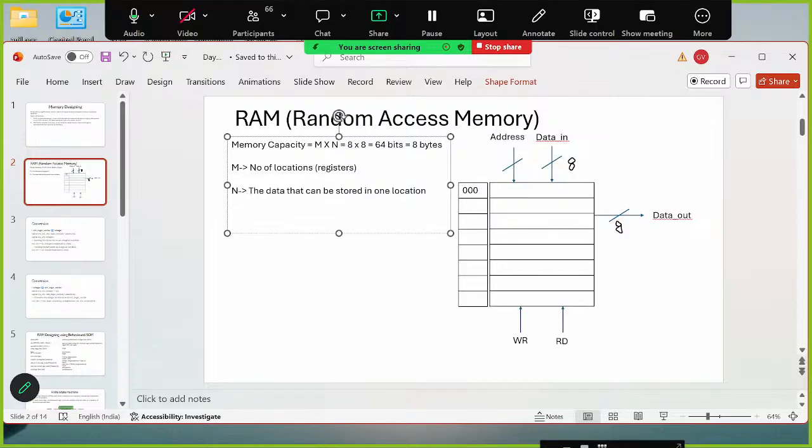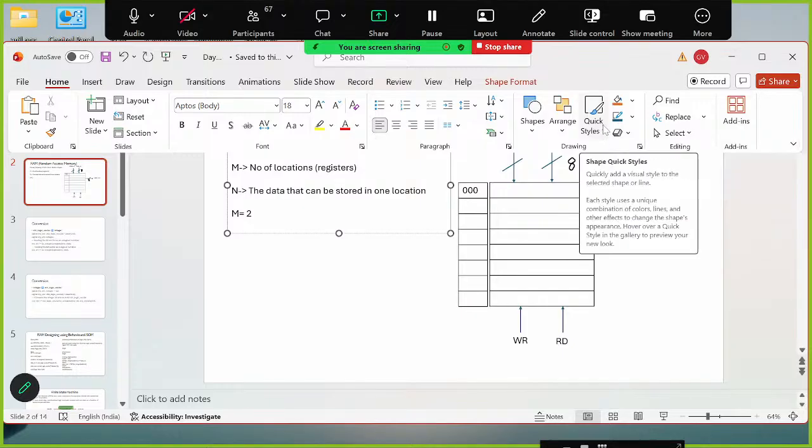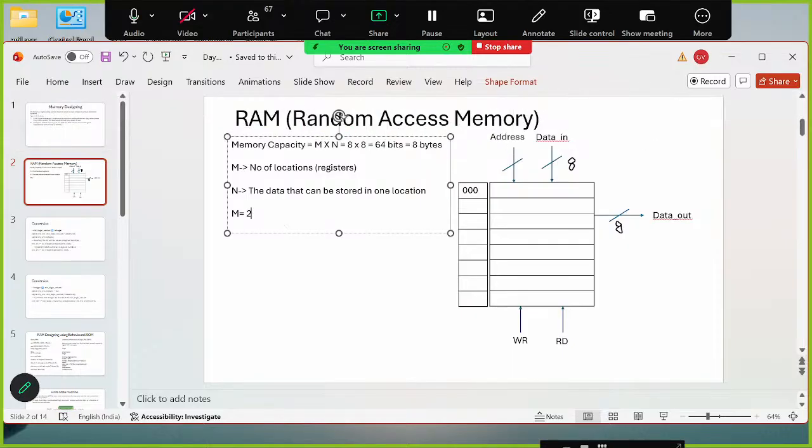The formula is that m equals 2 to the power of address lines.